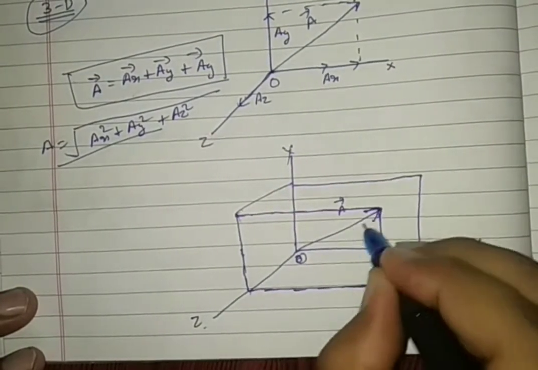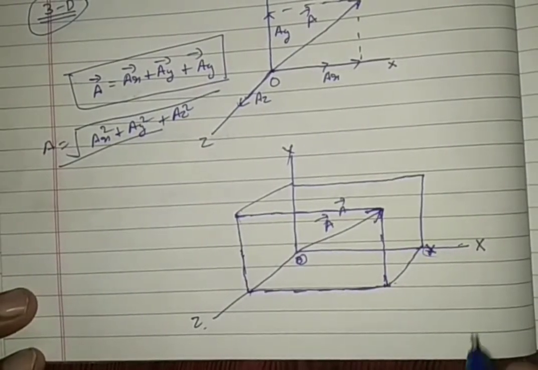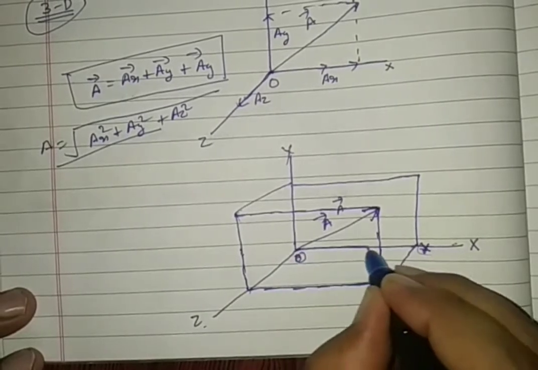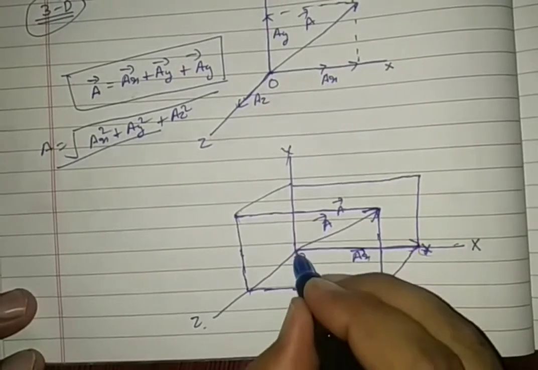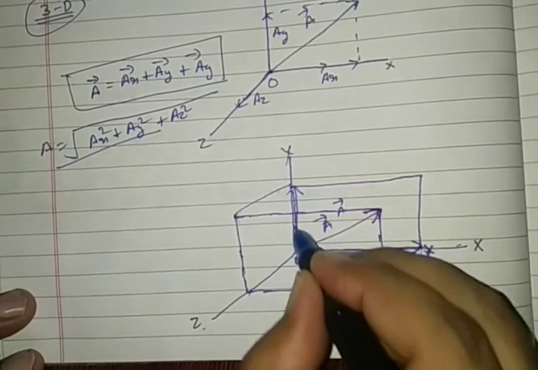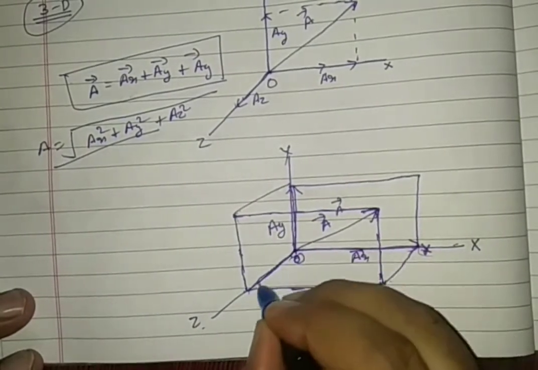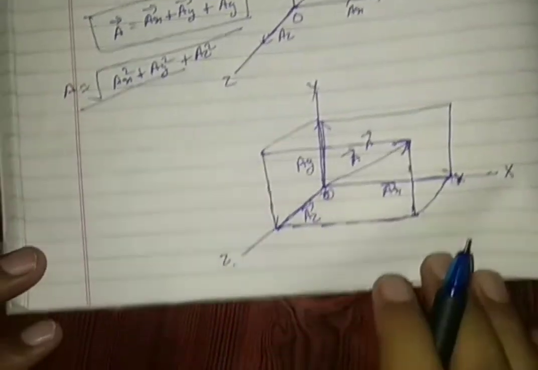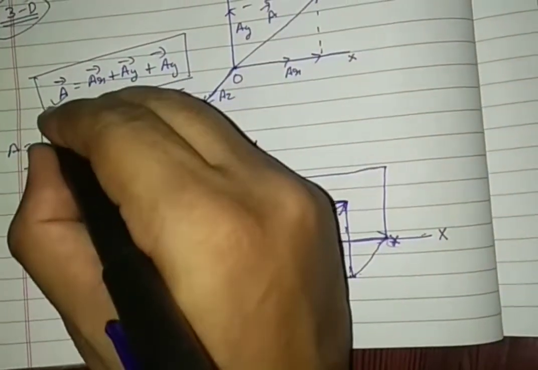Here is vector A. This is called Ax, this is the projection of vector A along the Y axis Ay, and this is along the Z axis Az. See projections Ax, Ay, Az, and their resultant is represented here.